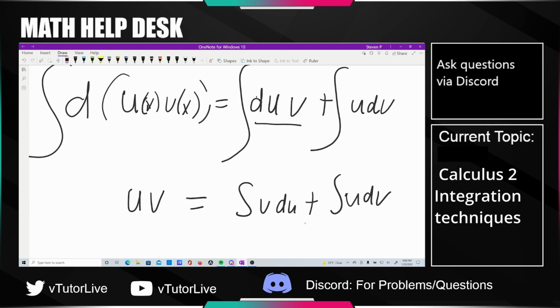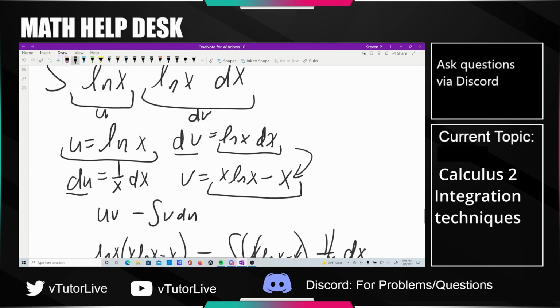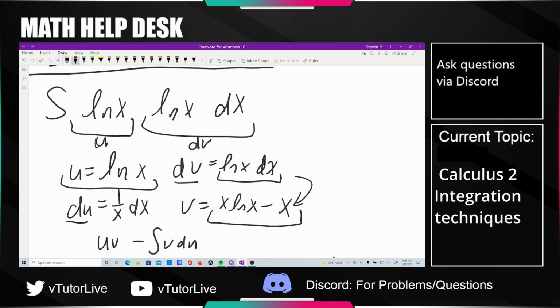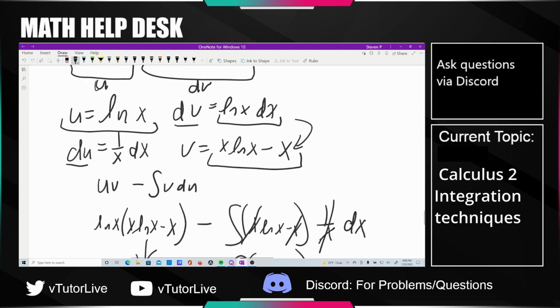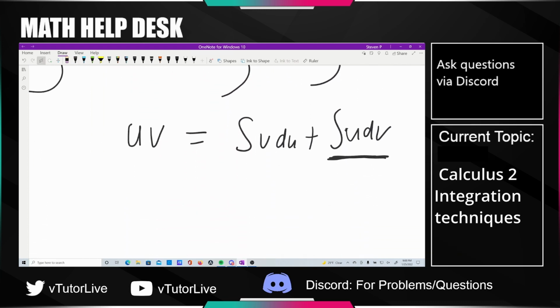And the motivation behind integration by parts is that maybe we're in a problem where u dv is what we would really like to find. Like this previous problem, u dv is what we want to find, but we don't know how to calculate it directly.